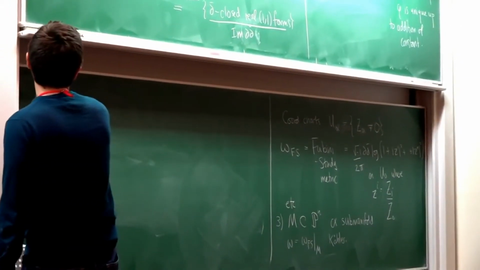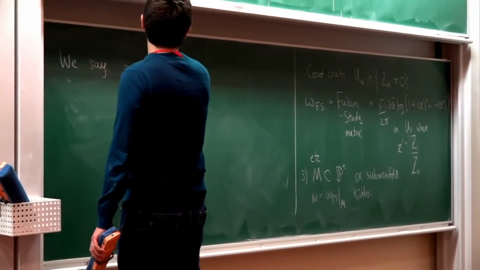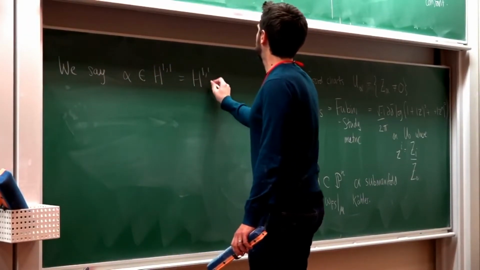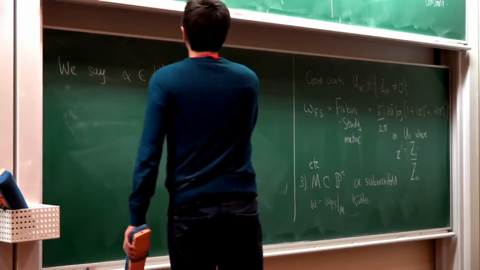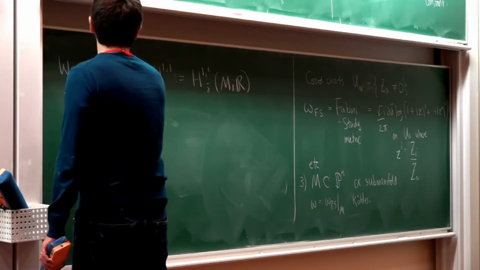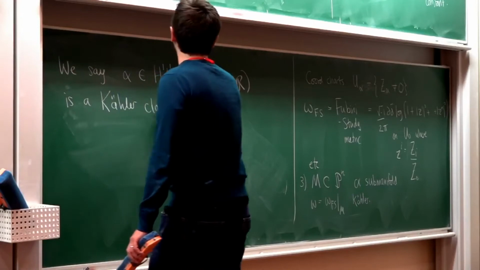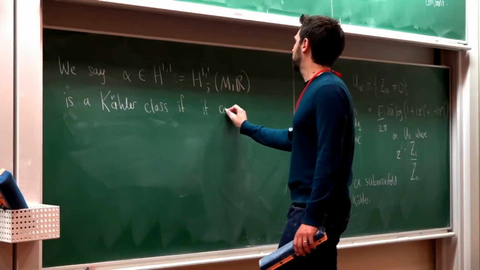So we say that an element alpha in H11, let me write H11 for this space, is a Kähler class if it contains a Kähler metric.